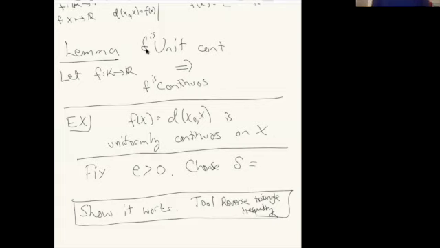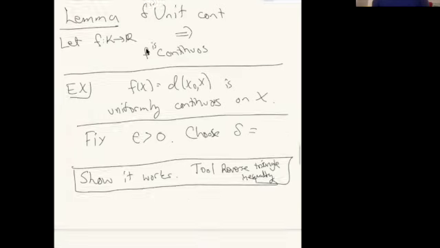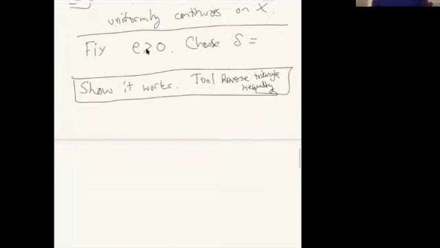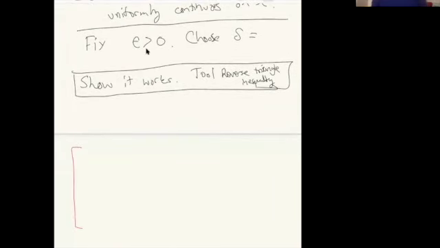Okay, but let's see how to prove that something is uniformly continuous. We have the distance function to some fixed point x naught on some metric space X, and we want to show that this is uniformly continuous on X. Let's fix an epsilon. We have to find a delta that works for all points, and just like in your last homework, it has to be found from an estimate.